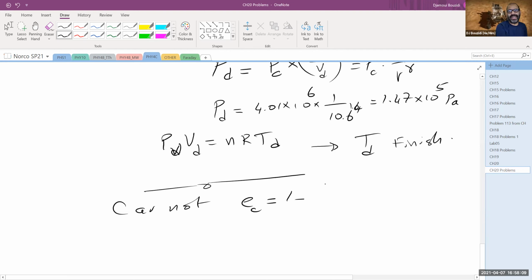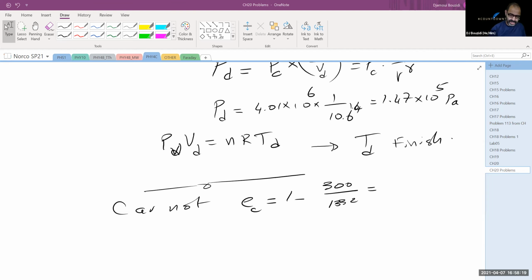It's going to be 1 minus the lowest temperature over the hottest temperature. If you do the math, it's 1 minus 300 Kelvin divided by 1,332 Kelvin, and the efficiency is 77.4% or 77.5%.